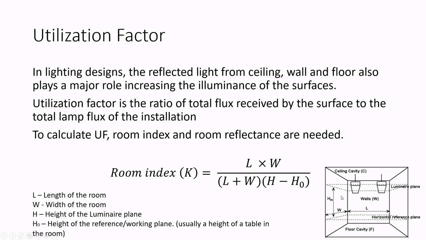If you have recessed lamps, the luminaire plane is equal to your room height. The horizontal reference plane is the working plane, usually the height of a table in the room.